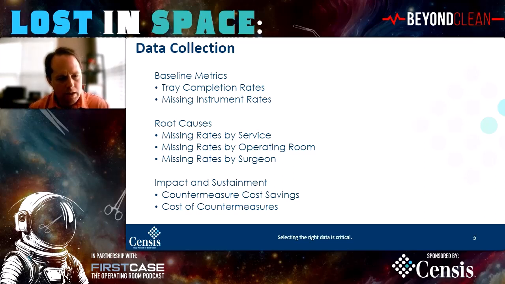The other leading cause of instruments going missing that we heard is instruments getting mixed up between trays. This happens at the end of the procedure, when they're getting ready to turn the room over. Normally, the scrub tech is responsible for putting the instruments from the procedure back in the trays they came from, and if they do that, that's great.